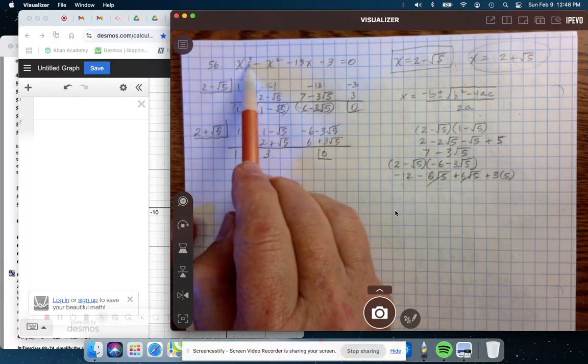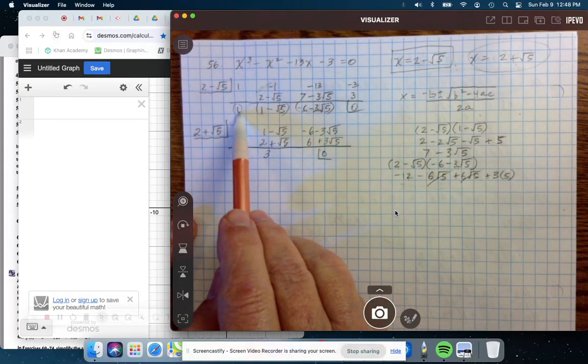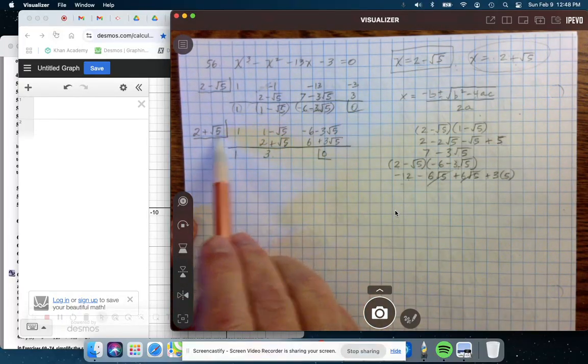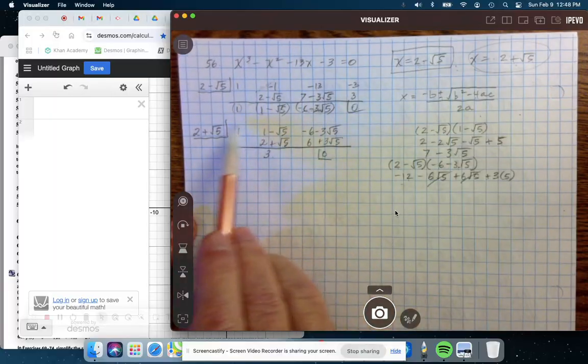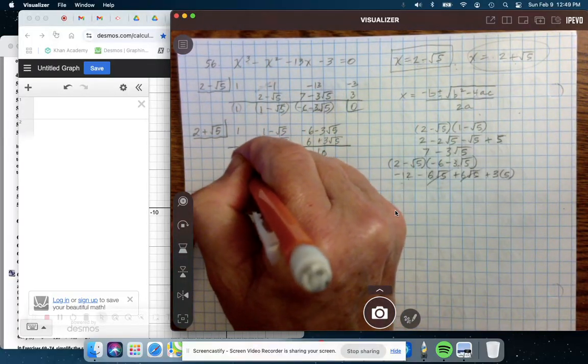So remember, we started with a cubic. We divided it by something, and then we ended up with a quadratic. We divided the quadratic, now we have a linear. So this is x plus 3.